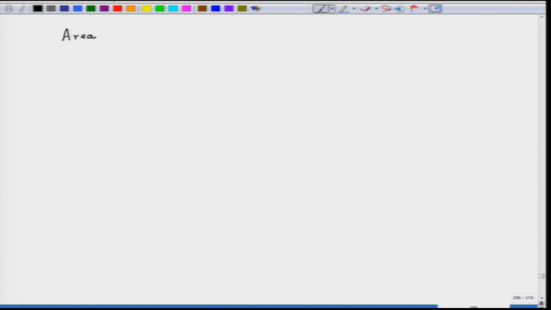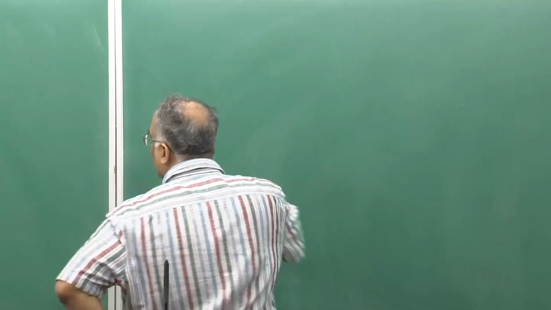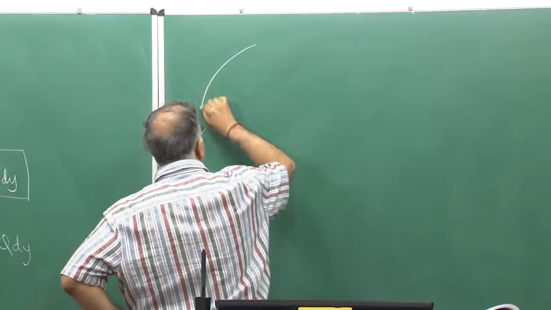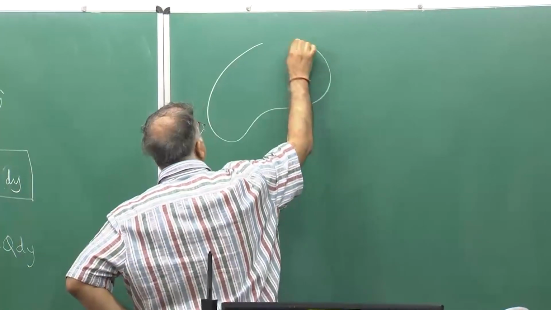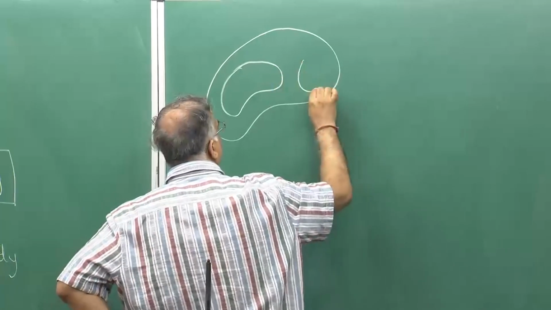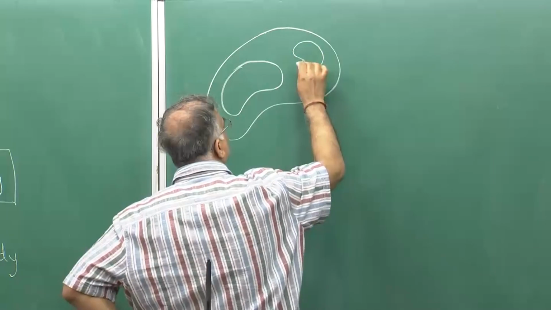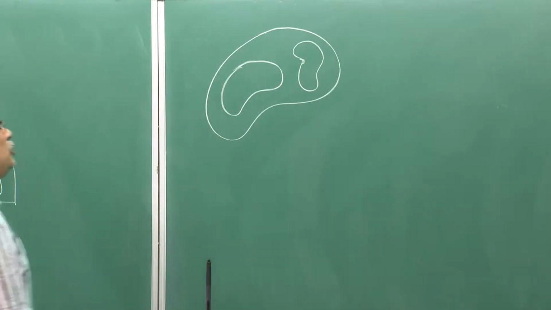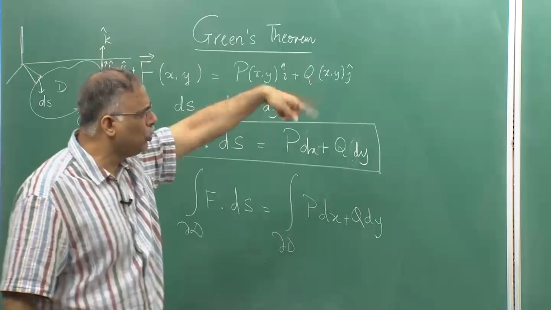Before I get into this area business, let me tell you that there can be regions which are much more complicated than the simple region that we have drawn there. There can be a region like this with holes inside. What do you mean by positive orientation here?